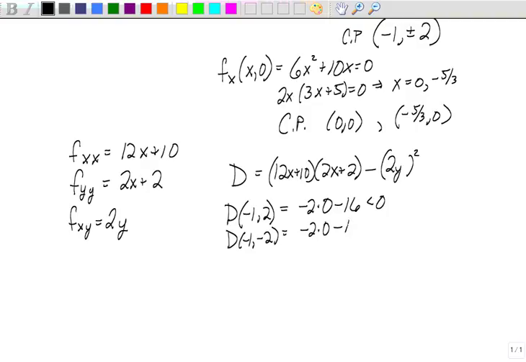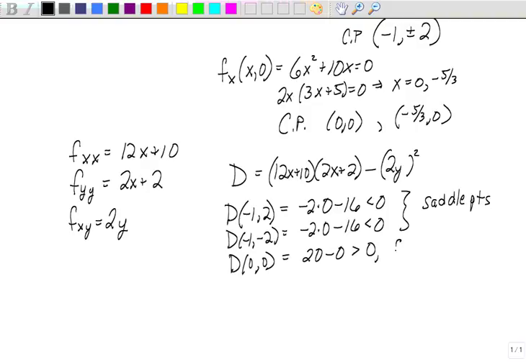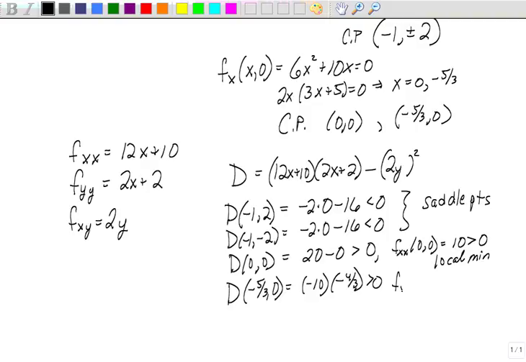This is going to be the same thing. So these two are saddle points. At 0, 0, we get 20 minus 0, that's greater than 0. And f of xx at 0, 0 is 10, that's greater than 0, so that's a local min. And at minus 5/3, 0, D is minus 10 times minus 4/3, and that's greater than 0. And the second derivative evaluated at that point is less than 0, so that's a local max.